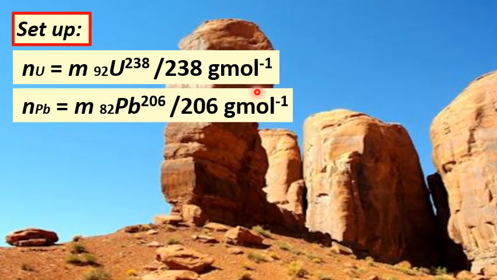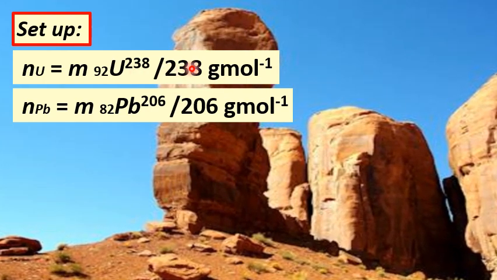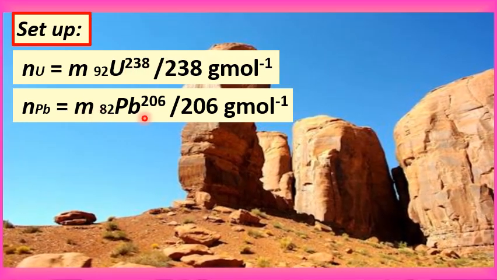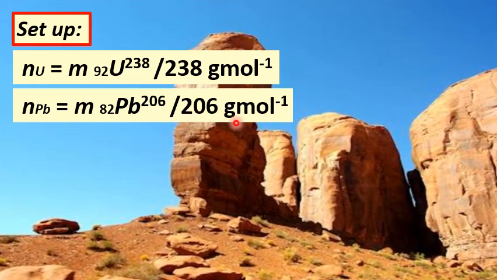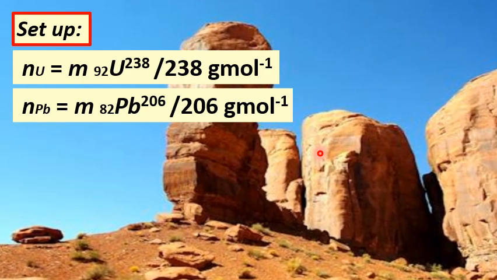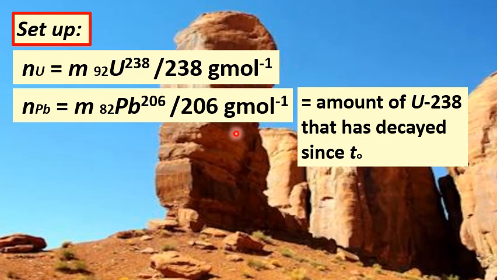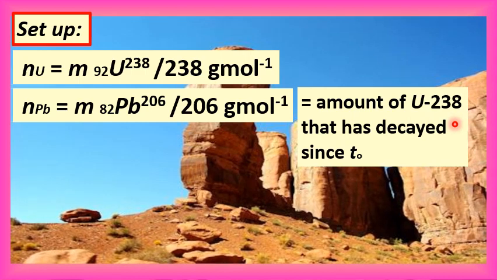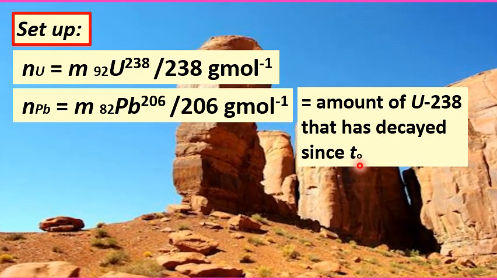Likewise, the number of moles of lead-206 is also computed by dividing its mass, also converted to grams, by its molar mass, that is 206 grams per mole. Take note that this amount of lead-206 is in fact the amount of uranium-238 that has decayed since the time t₀.